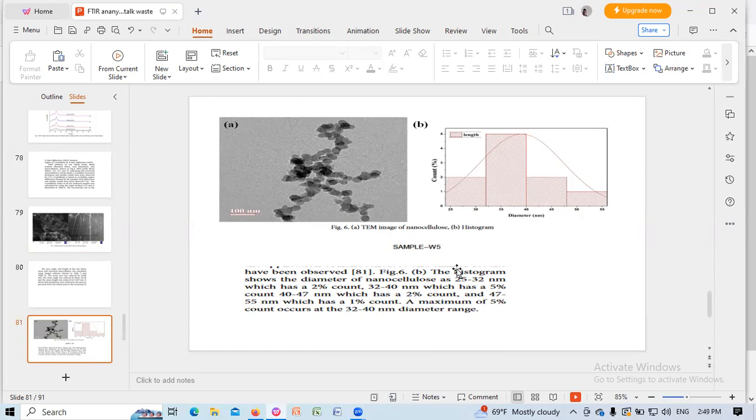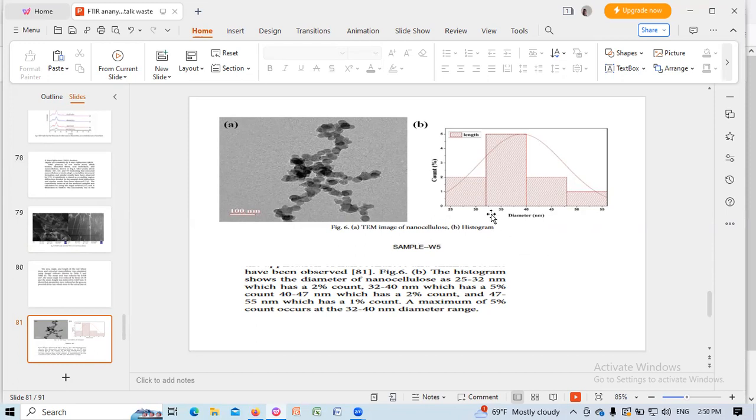This is the TEM spectra. The TEM histogram shows the diameter of nanocellulose is 25 to 32 nanometer, which was 2% count, and 32 to 40 nanometer, which has the 5% count, the maximum, and 40 to 47 nanometer, which has 2% count, and 47 to 55 nanometer, which has 1% count.